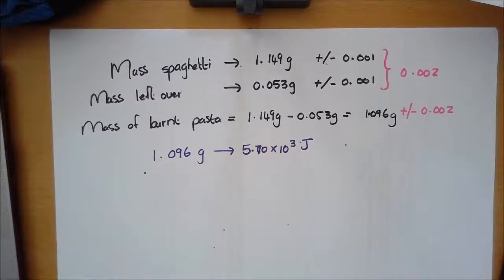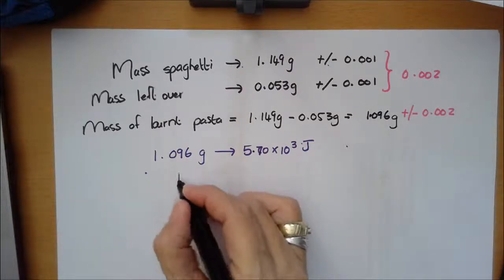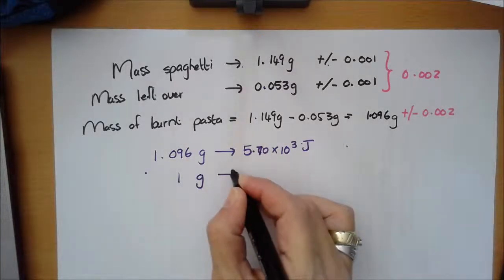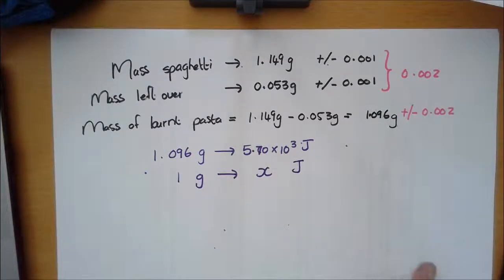That's according to my calculations that I have now. But I don't want to know how much is produced by 1.096 grams. I want to know if I had 1 gram of pasta, how much energy. So that's X joules of energy.